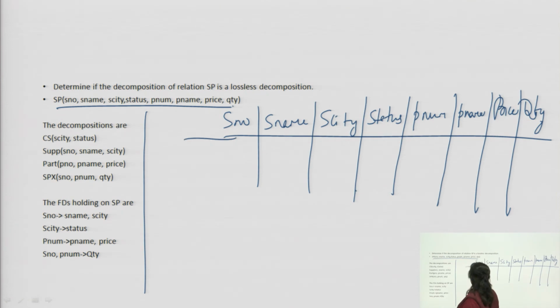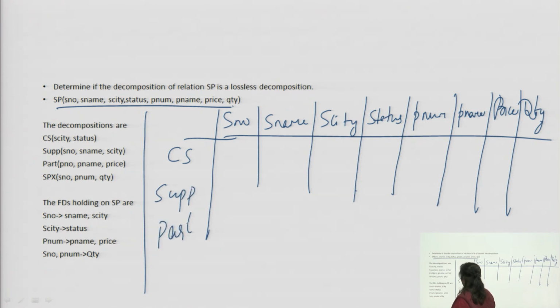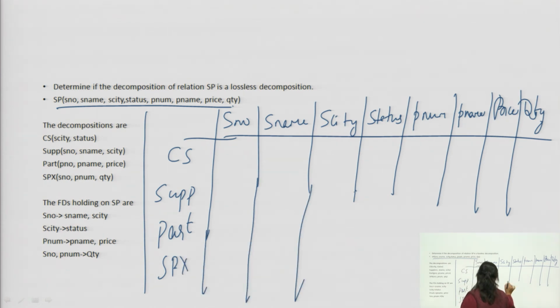What do we have over here? Here we have CS, SUPP, part and SPX. Let us fill in our matrix quickly.